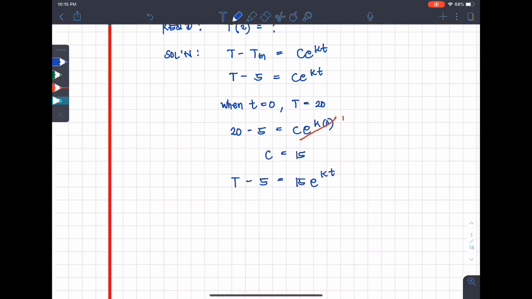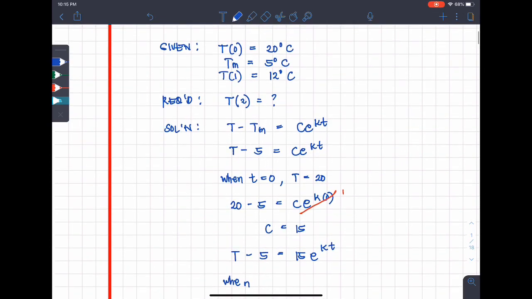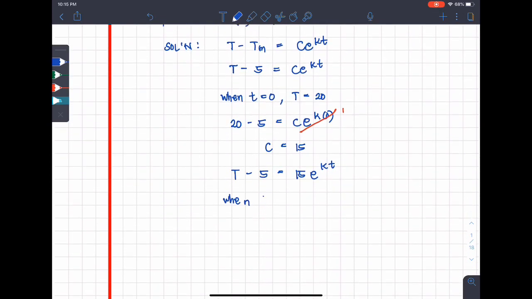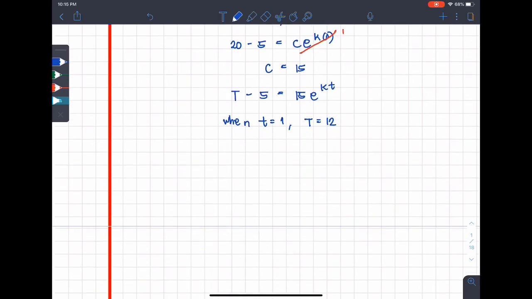The next thing that we will be getting, after getting the arbitrary constant C, is the proportionality constant k. To do that, we will be using the second value. That would be after a minute, so when t is equal to 1, the temperature becomes 12. So substitute it.